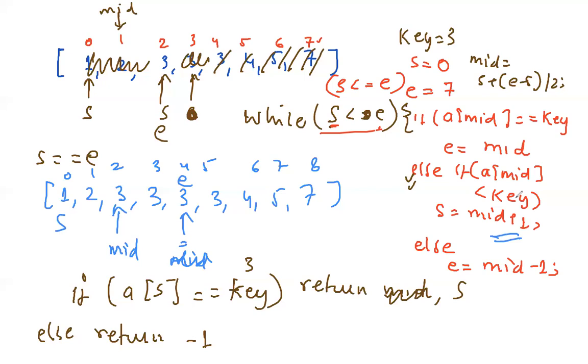I move very fast because this class is more for FANG, so I assume a lot of things. If you don't know something, please let me know and I'll explain it in detail. Got it? Okay, thank you. So if you see an input array which is sorted, think of binary search.